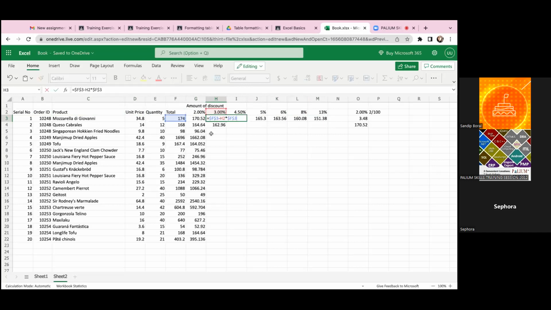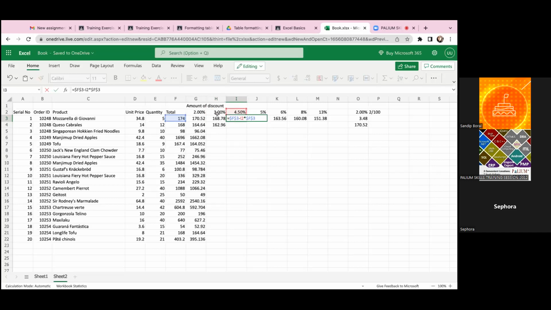Now double click on that 168.78, Sephora. Now see, when I drag this, 2% has now become 3%. Similarly, if I drag this one to the next, then it should become how much? 4.5%. Yes.